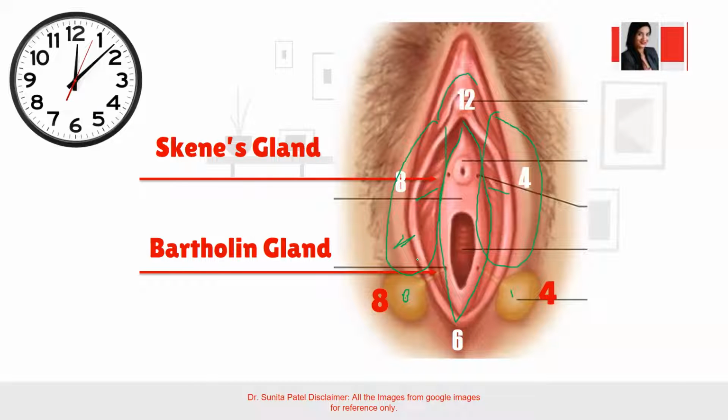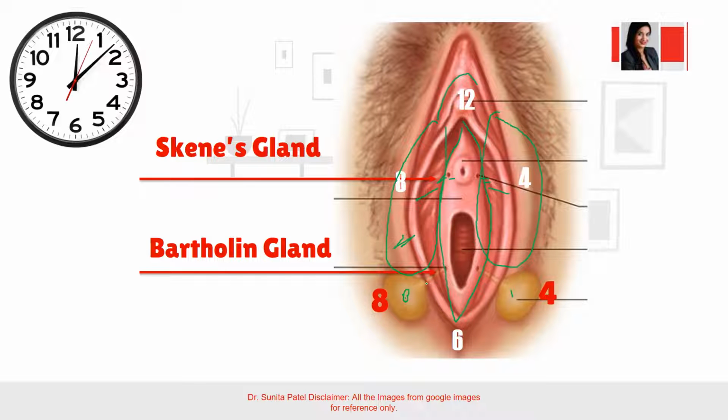These glands produce some kind of liquid, and that liquid has to come out, so these glands have two openings. This is one opening from this big gland, which is present on both sides of the urethra. This was the urethra, and on both sides of it we have this opening.